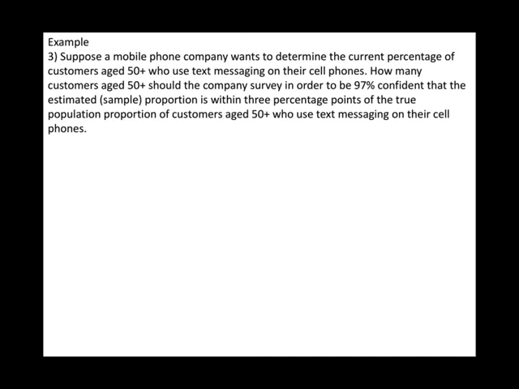Okay, let's try this example. First, I want you guys to write it down. What is the margin of error? The margin of error should be given, okay, the E. And then figure out the critical value.